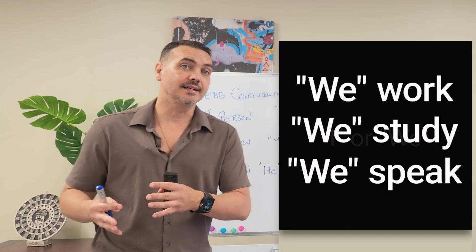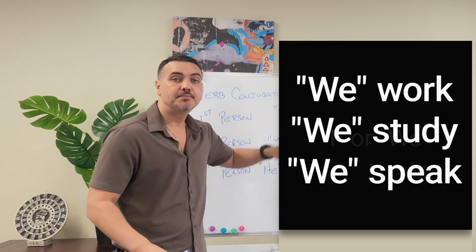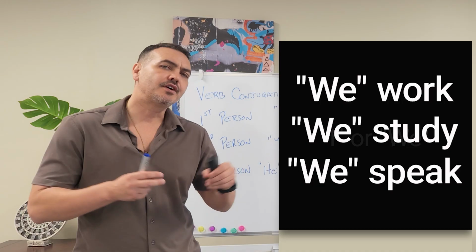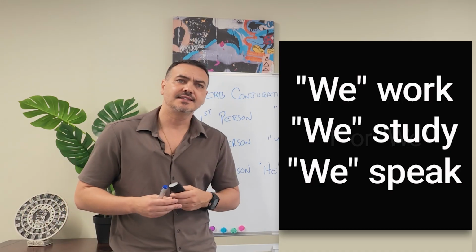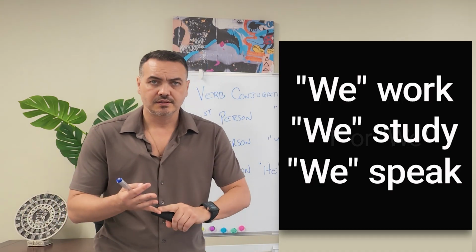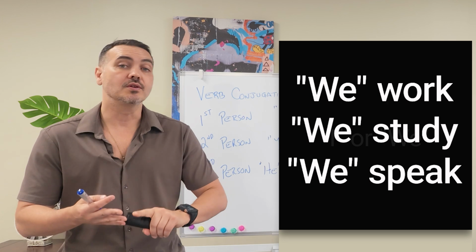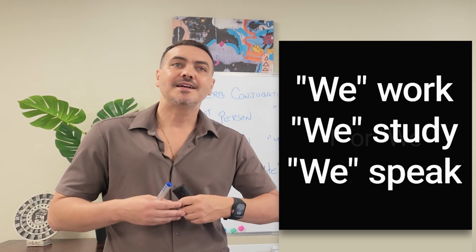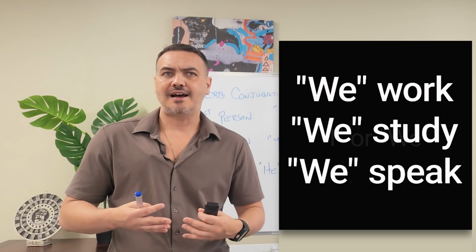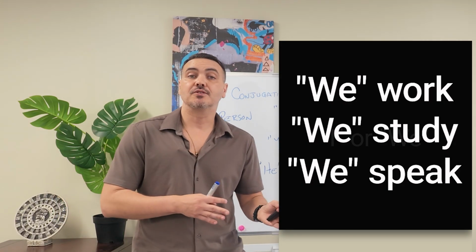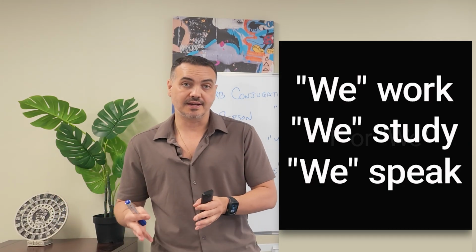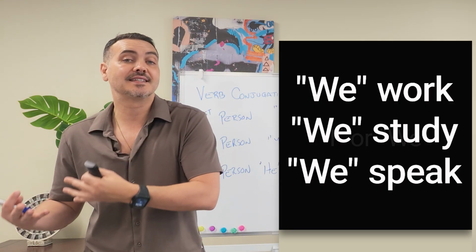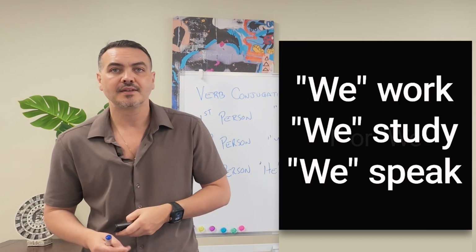We study. We speak English, okay? Notice how the verb, in this case, whether it's work or study or speak, it stays simple. That means it doesn't change after it follows I or we, okay? I study, I work, I sleep, okay?